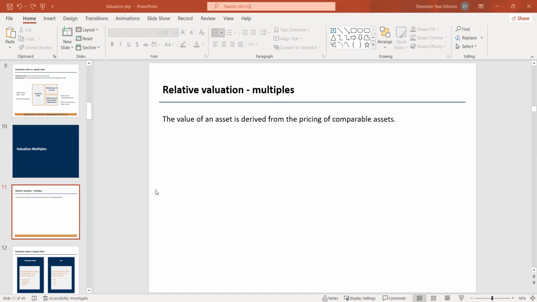You can look at their numbers and at least get a picture of how this new mutual fund that you want to make a decision on is going to perform. So that is the concept of relative valuation. The term is relative, really trying to derive a value from similar firms. Just that.